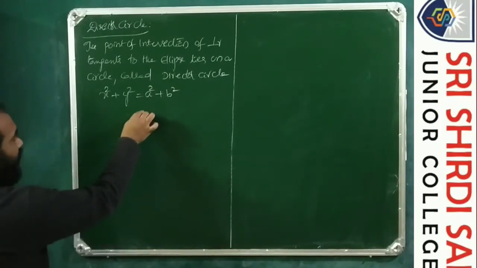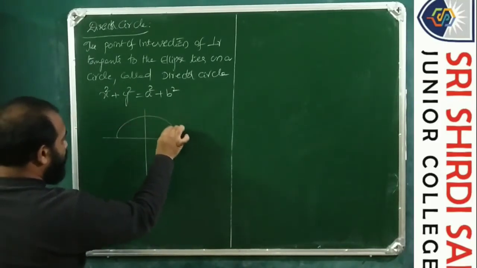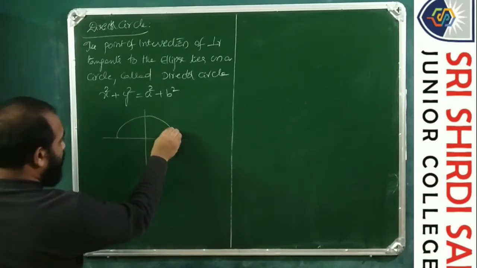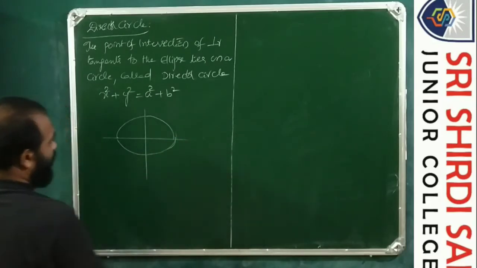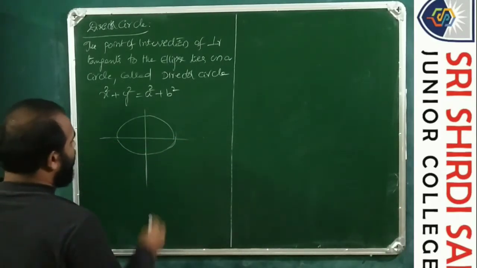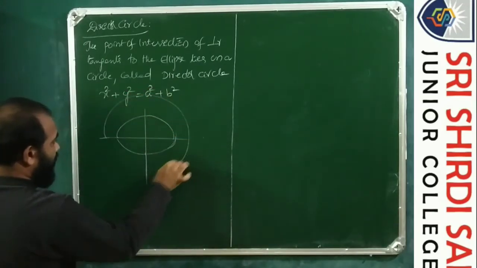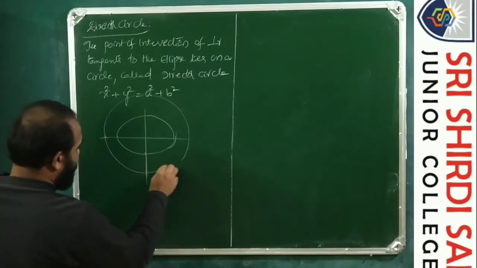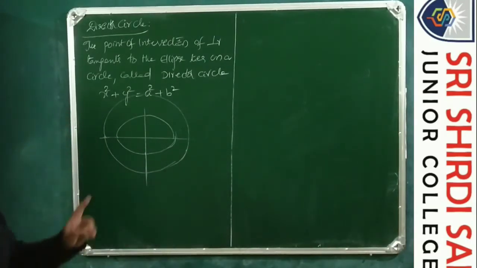That means this is the ellipse. This is the ellipse and this is the circle. So this circle is formed by the perpendicular tangents.